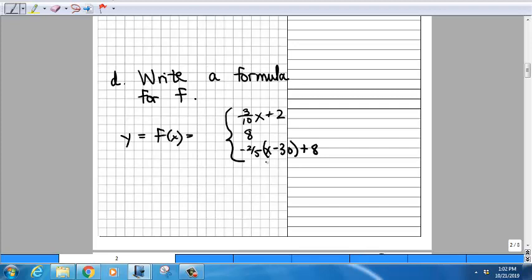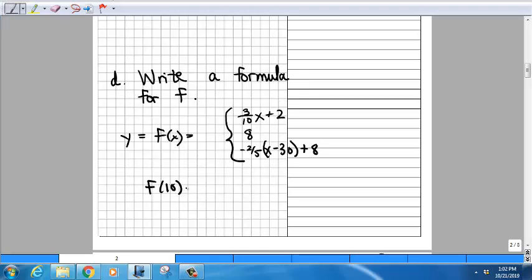Now, there's one thing wrong with using this formula. If you just have the formula, and I asked you, okay, I see that formula, tell me what is f of 10, okay? So you've got the formula, right?